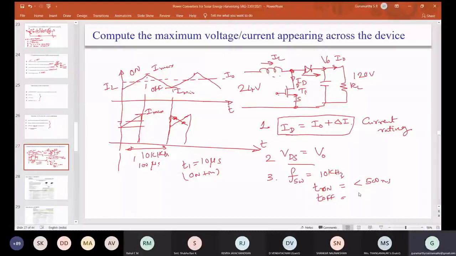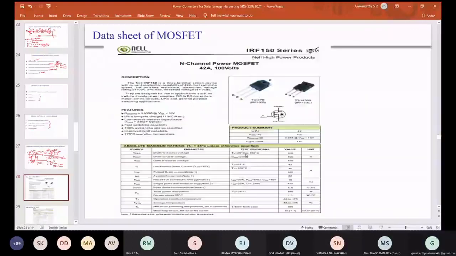Then let us see the data sheets. You can see this is the data sheet of the MOSFET IRF 150. Are you able to read these figures? You can see here the off state, on state current. This is at 25 degree centigrade temperature, and this is at 100 degree centigrade.